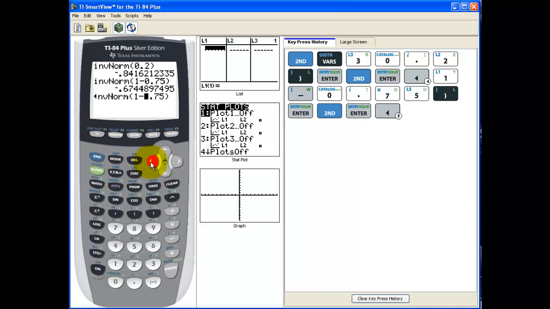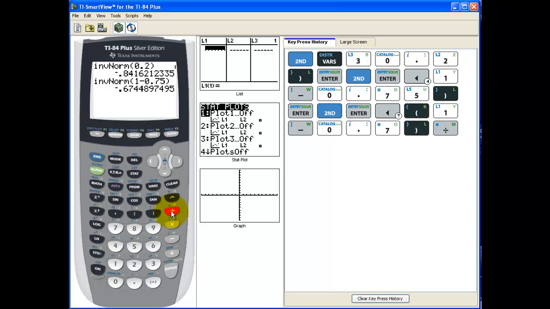It's a little bit more complicated, but the calculation would look like this. We need to take 1 minus 0.7 and then divide that by 2, because again we're looking at the left tail only when we use this function. And there's the value right there.